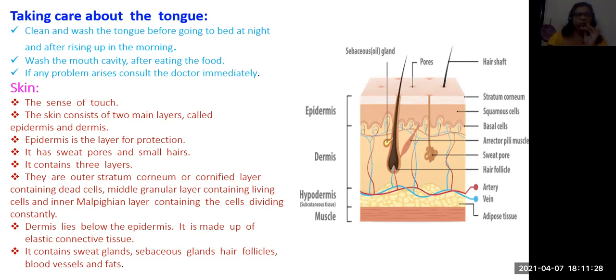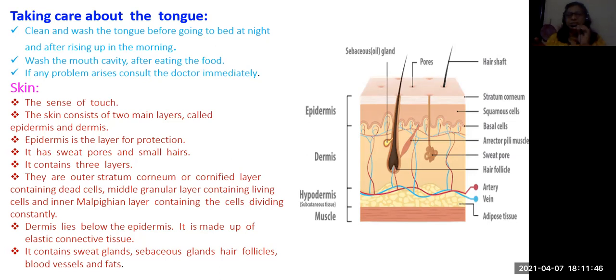Below that, there is a Malpighian layer which produces the new cells. And you can see this type of activity even in the sole of the foot. Whenever there is breaking of the sole, the dead layers will come out, isn't it?